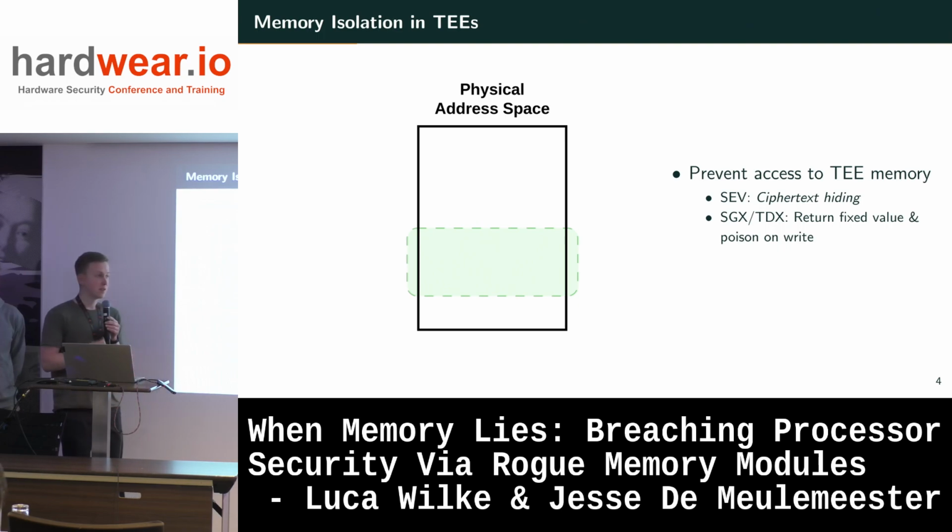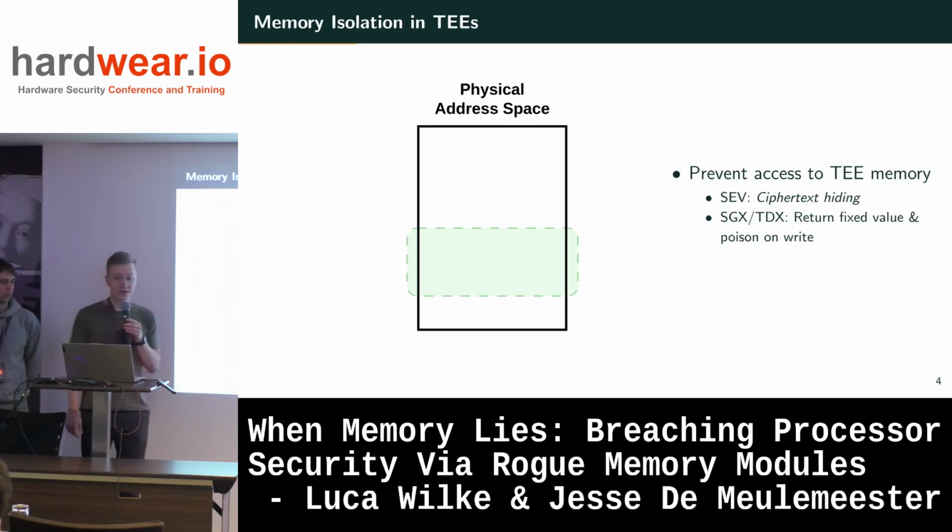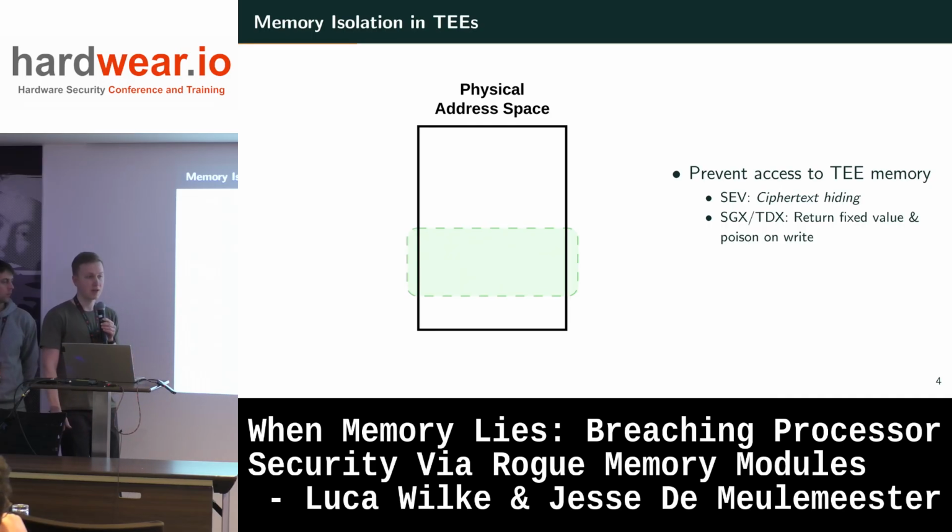This means they need to implement an additional mechanism to prevent attacks that would otherwise be possible, for example, a memory replay attack. They do this by implementing an additional access right mechanism that even applies to privileged software-level attackers.